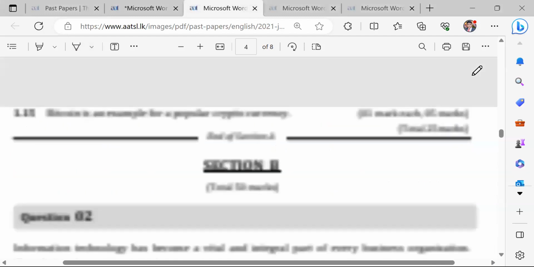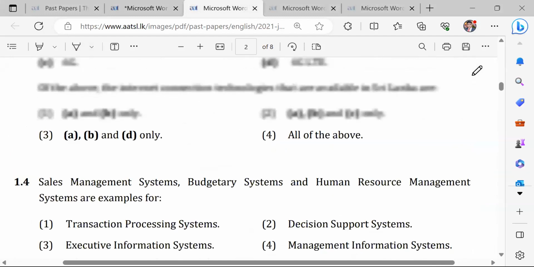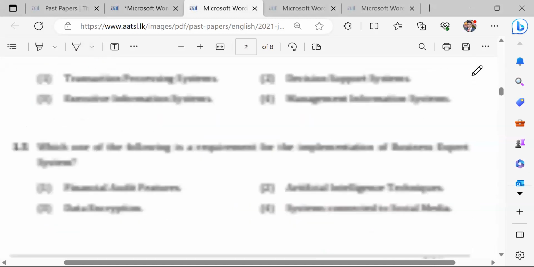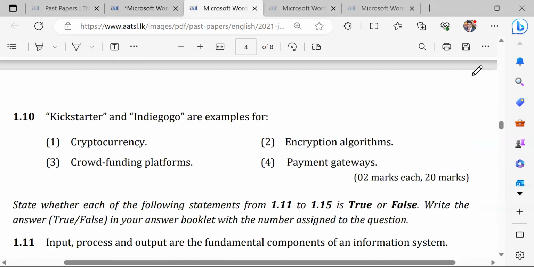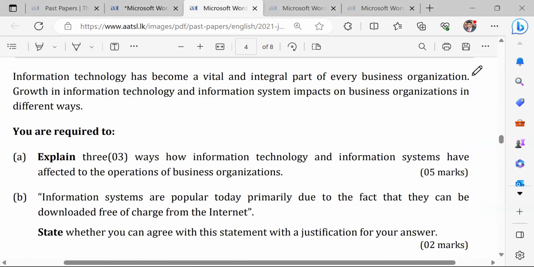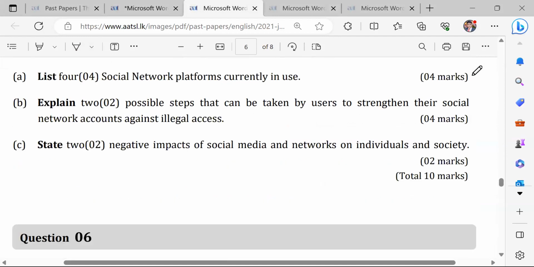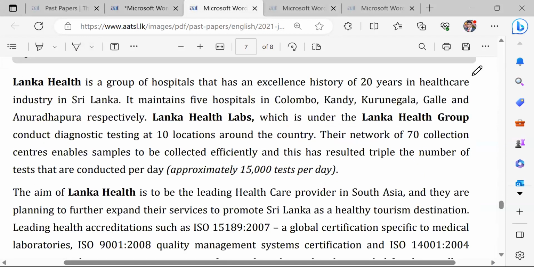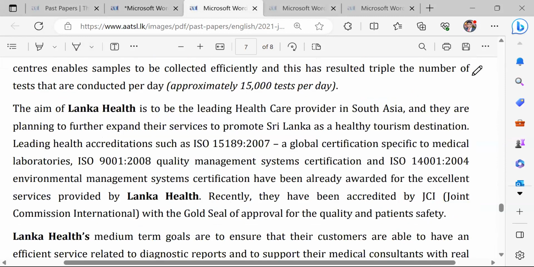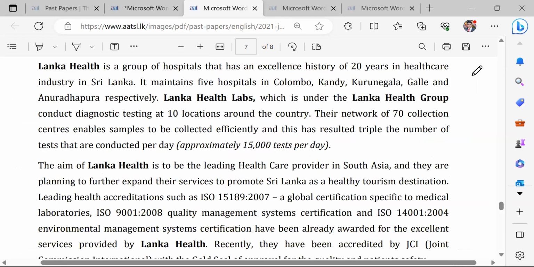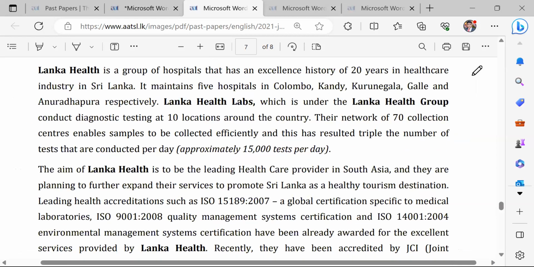This question is from the 2021 July paper. This is a bit lengthy. Right, read it. I want you to read it alone, and I will read it again.